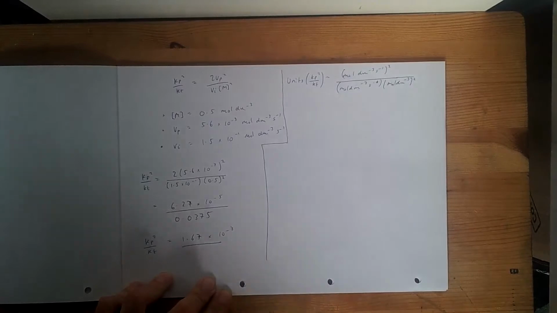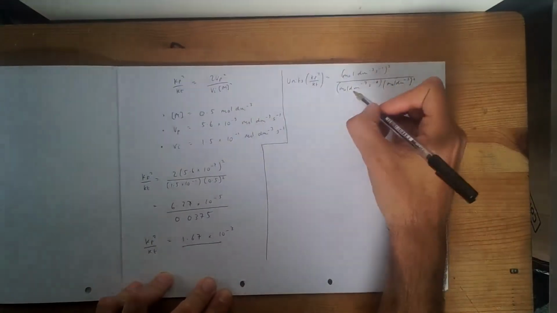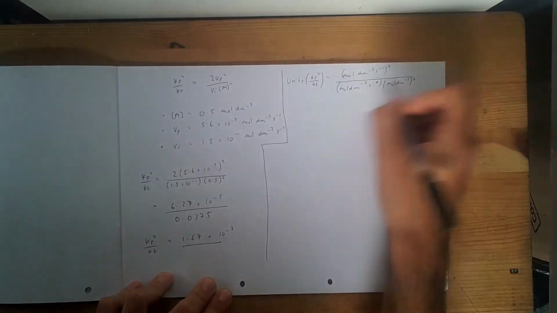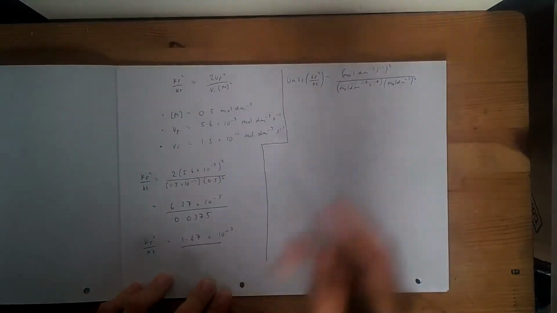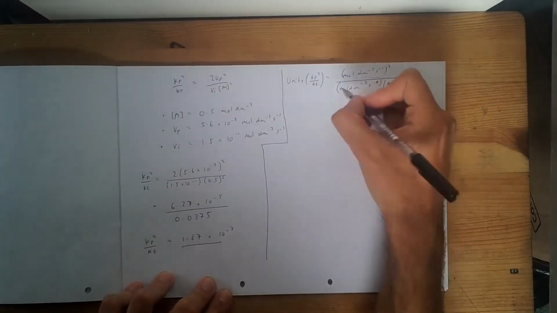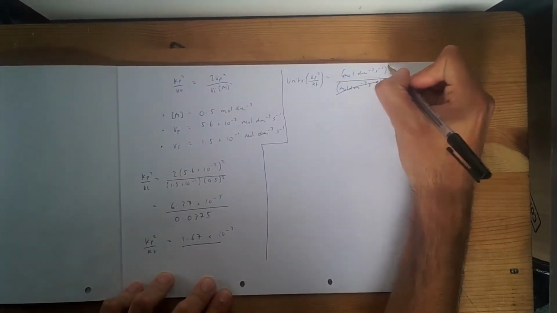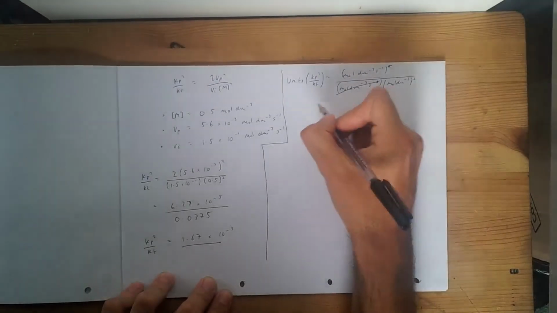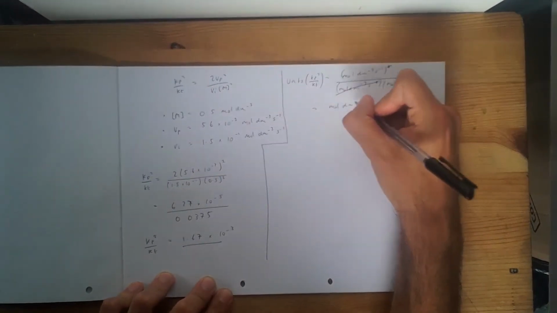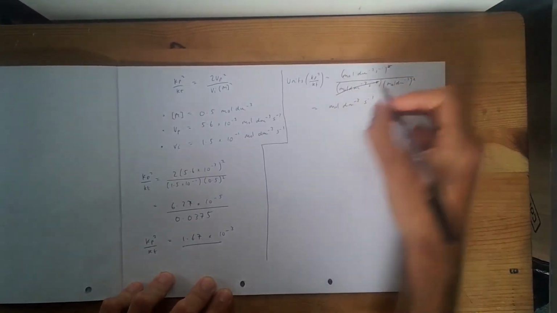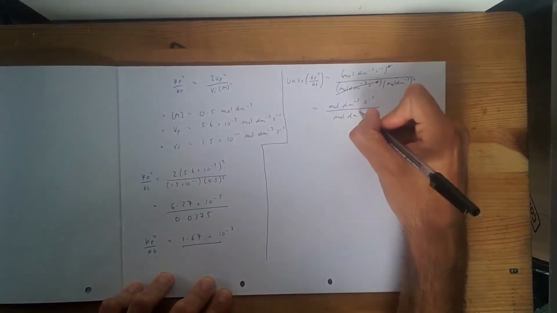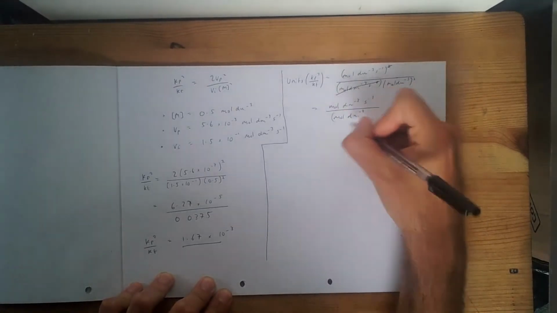As it's just a square, it's this times this again, so we can cancel this bottom term out with one of these top terms, which leaves us with moles per decimeter cubed per second over moles per decimeter cubed, squared.